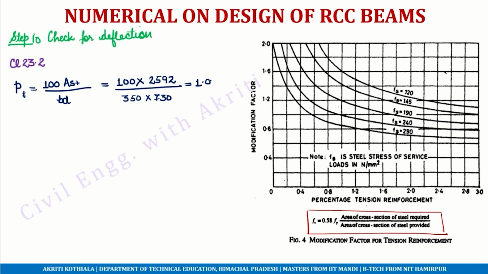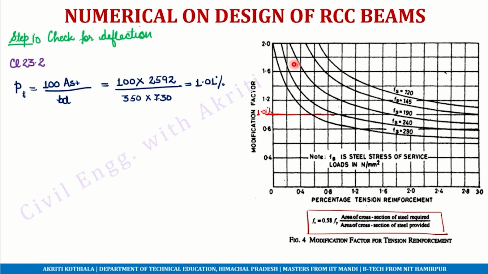So this calculates to be equal to 1.01%. If you see from figure 4, 1.01% is approximately equal to 1%, and this is the corresponding line which we have to consider.